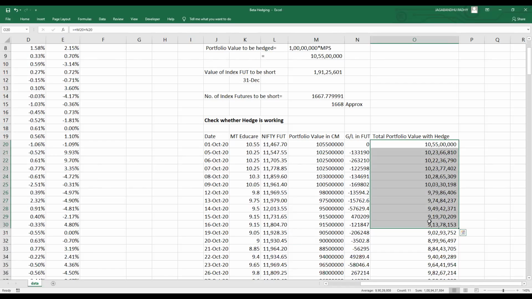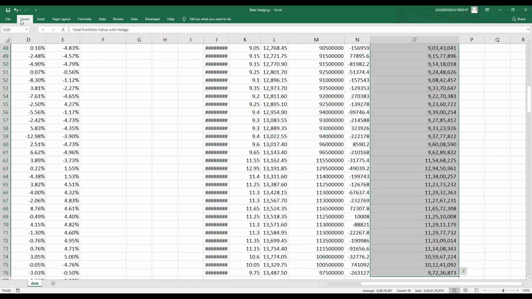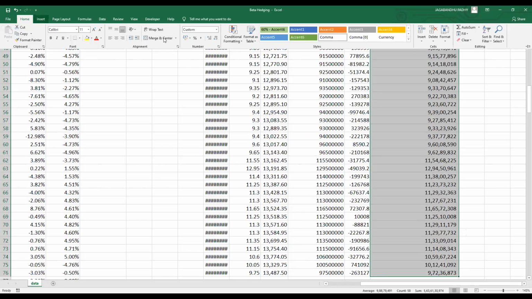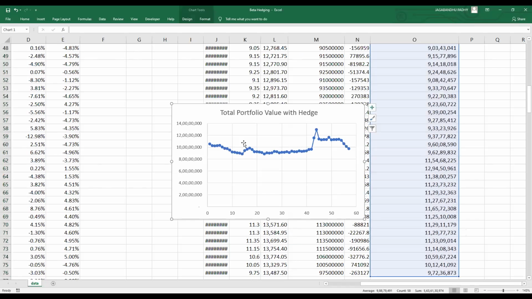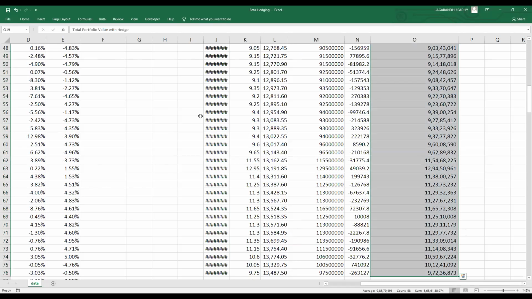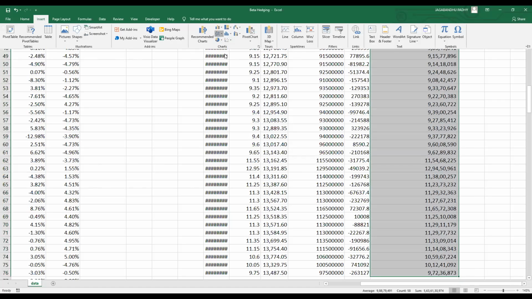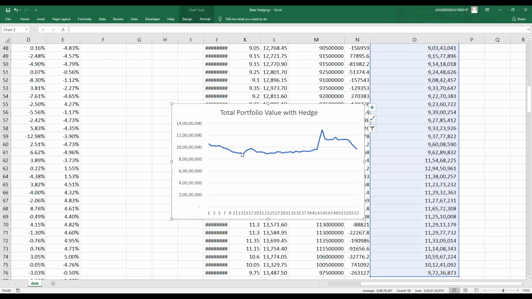If I just draw the total portfolio value, even as a simple line chart, or maybe a scatter plot, observe, I'll draw a line chart to represent it better. It isn't a straight line. There's a lot of volatility.